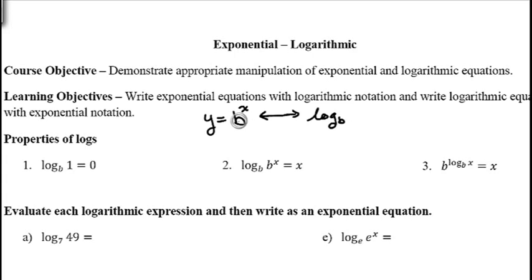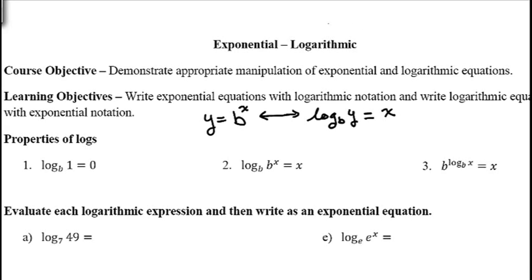The base is the number in the exponential being raised to a power, and it's the little subscript of the log. And if you just remember that logs are equal to the exponent, then you'll know where to place the x. So this log is equal to the x in the exponent, and then you're taking the log of the number y.